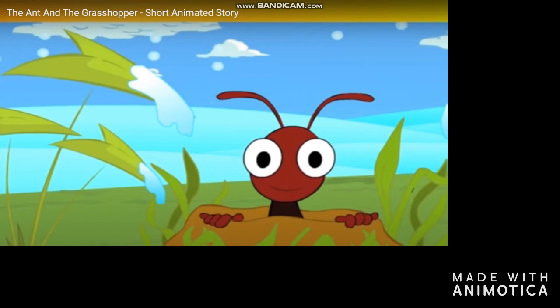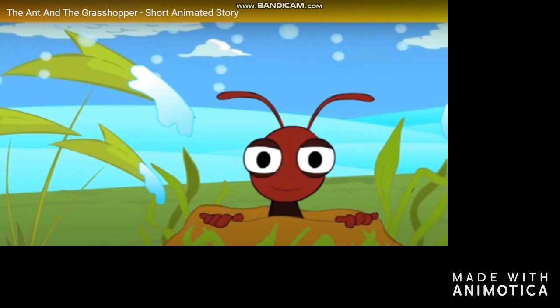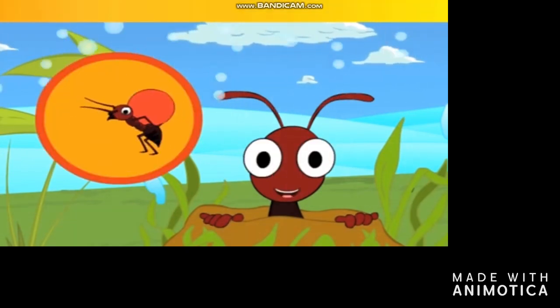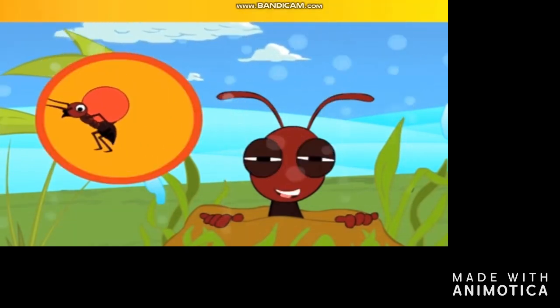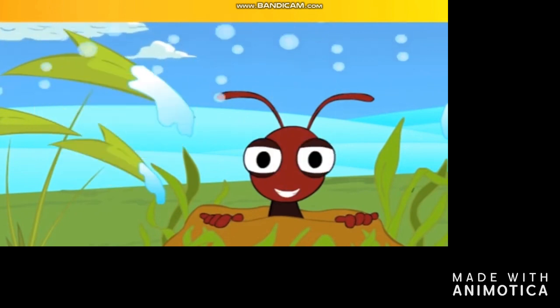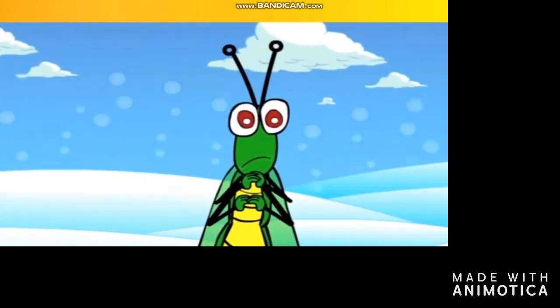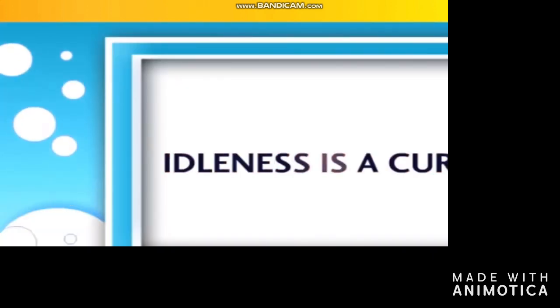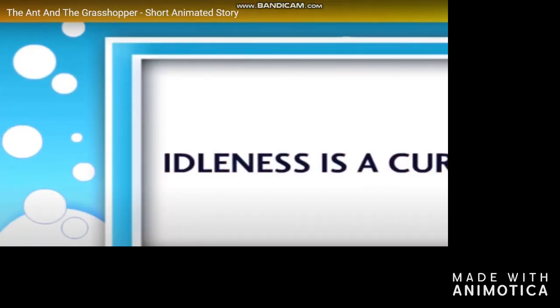To which the cricket replies that no, I didn't. And then the ant says, you laughed at me throughout the summer when I was doing the hard work. So she says, you better dance away the winter. So idleness is a cure.